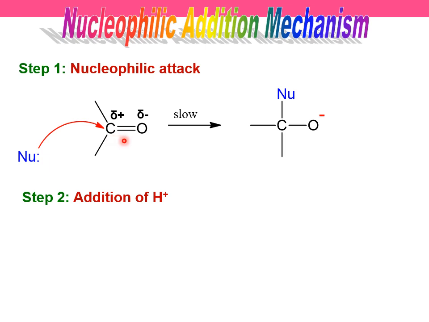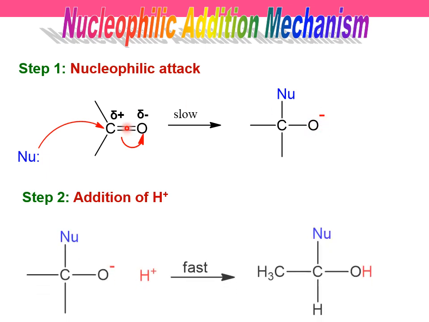What happens next is the double bond will lose its electron to oxygen, since oxygen is electronegative. This step 1 is a slow reaction where nucleophile will be attached to the originally carbonyl carbon, and the oxygen atom is gaining a negative sign.